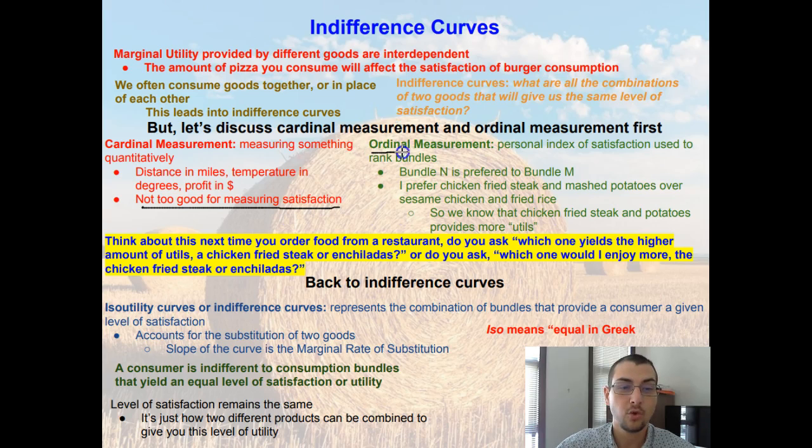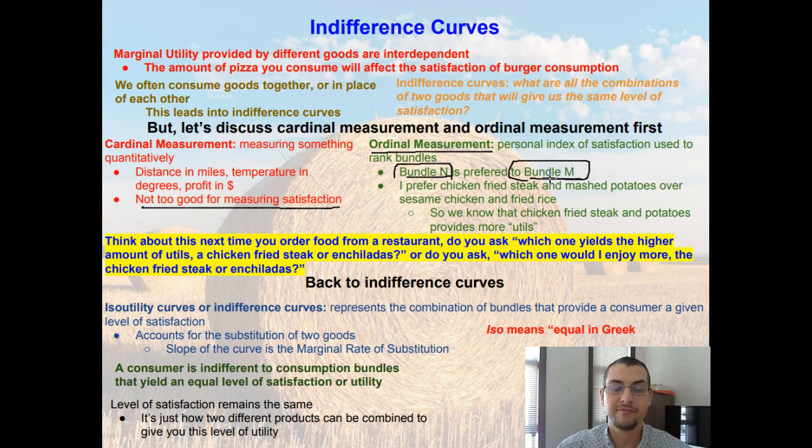What we can do is use ordinal measurement. Ordinal measurement is a personal index of satisfaction used to rank bundles. So for example, bundle N is preferred to bundle M. I prefer this item over this item. Let's make another example. I prefer chicken fried steak and mashed potatoes over sesame chicken and fried rice.